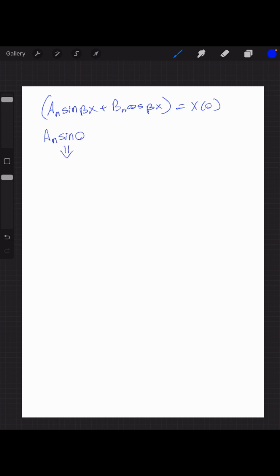So this term can stay. However, cosine of 0 does not equal 0. It equals 1, which means the only way we could get a solution out of this would be if b_n equals 0. So this term gets eliminated. So this is our general solution for X.